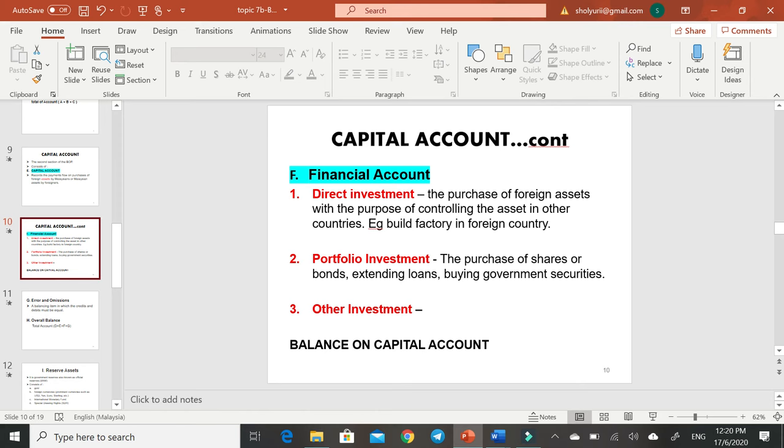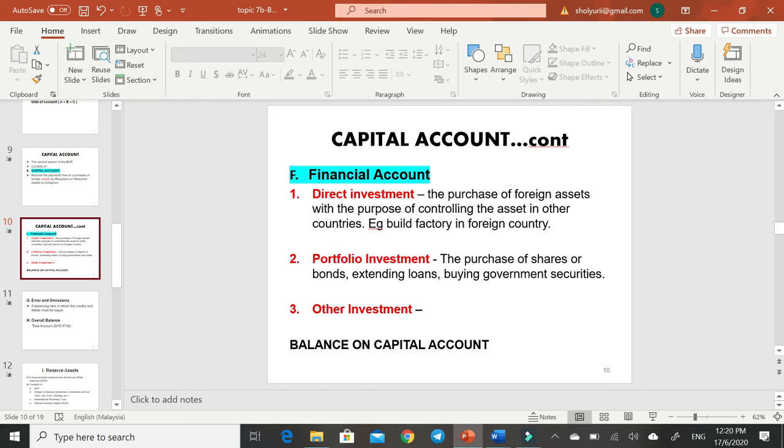Sebab itulah kita akan recordkan dia sebagai negative, outflow of money outside the country. Tapi kalau rakyat Jepun datang ke Malaysia buat kilang Toshiba ke, kilang Panasonic ke, Hyundai ke, dia akan direkod sebagai positive, because the money is going inside our country.